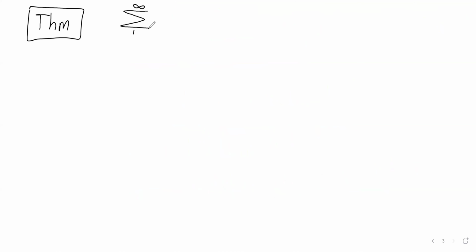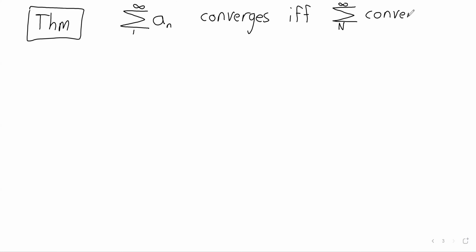This first result says the sum from 1 to infinity converges if and only if the sum from any number capital N to infinity converges. And the same is true for divergence.